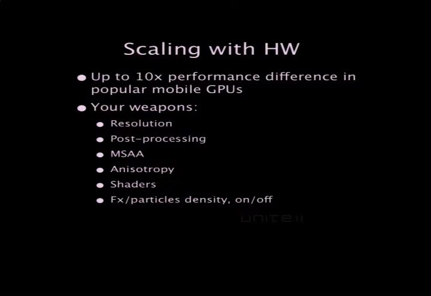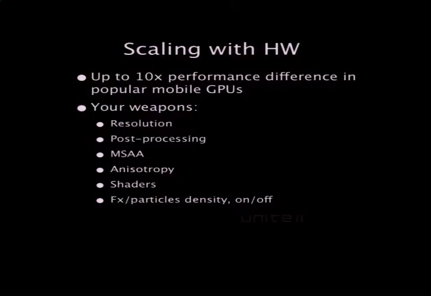You can force a lower resolution rendering. You can render to a render target and upscale. You should try to reduce the amount of post-processing, especially if you are porting your game from the desktop. Then the first thing you should try cutting is post-processing.